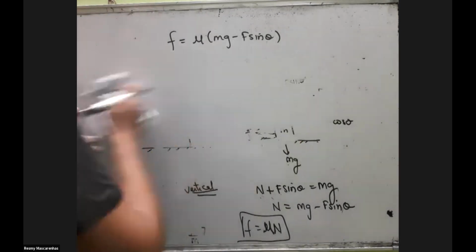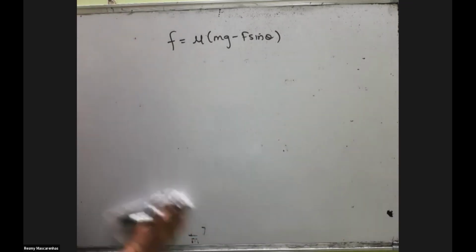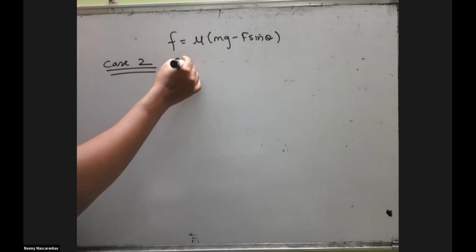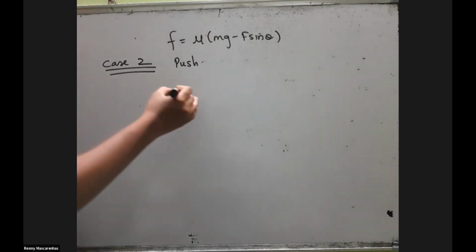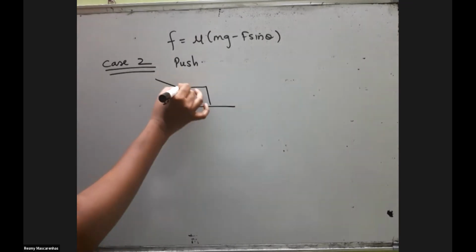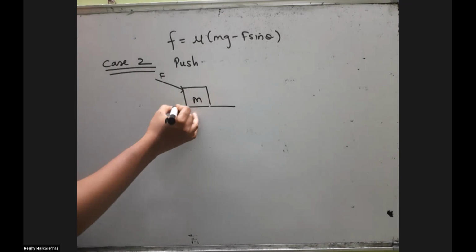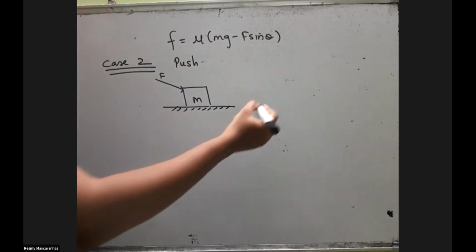Now we'll check what is the friction for push. For push, the diagram will look like this. So we write all these components.